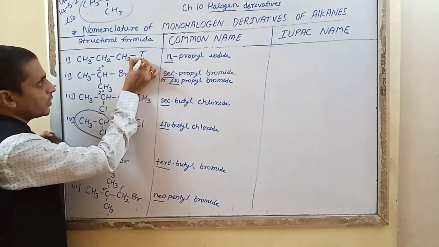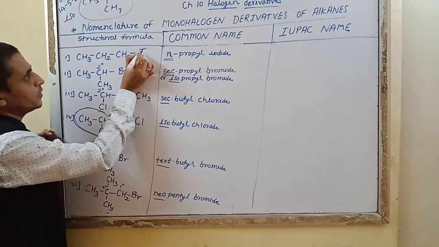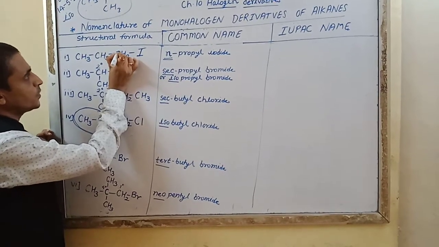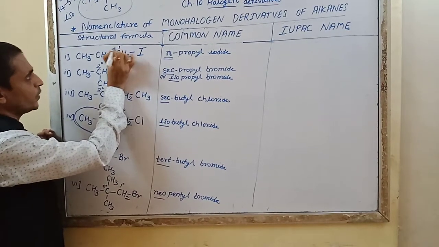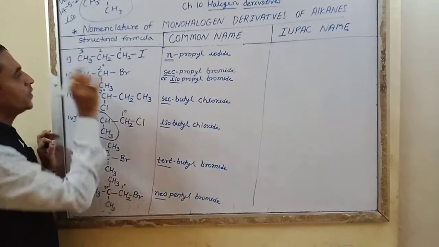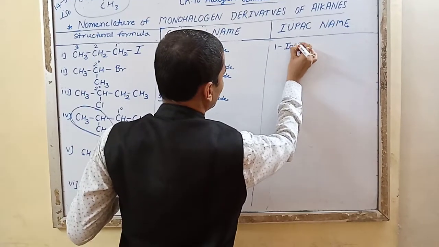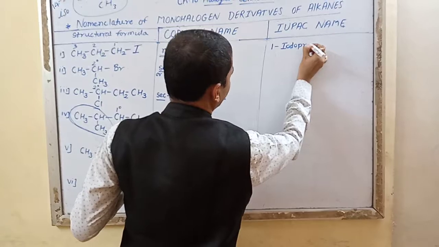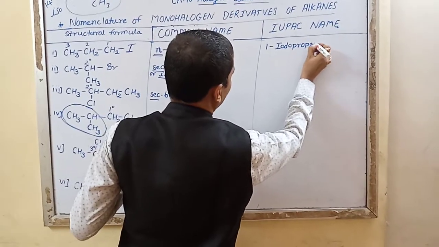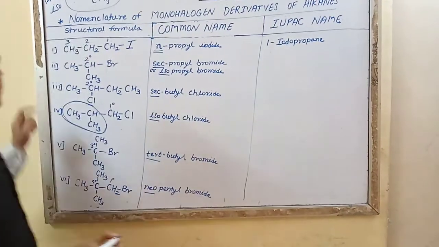Here the iodine atom, that is the functional group, is attached to the first carbon atom: 1, 2 and 3. Its IUPAC name can be written as 1-iodo; 3 carbon atoms means the parent alkane is propane. So 1-iodopropane.